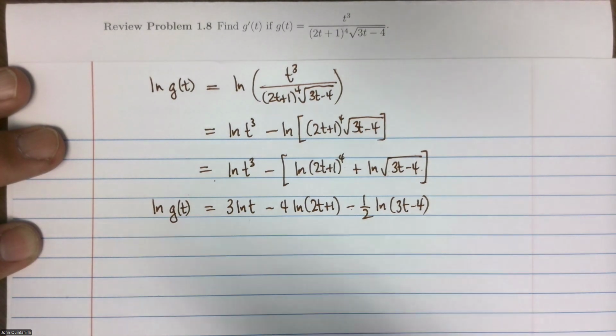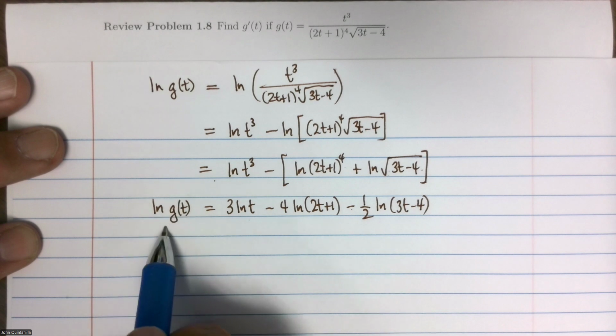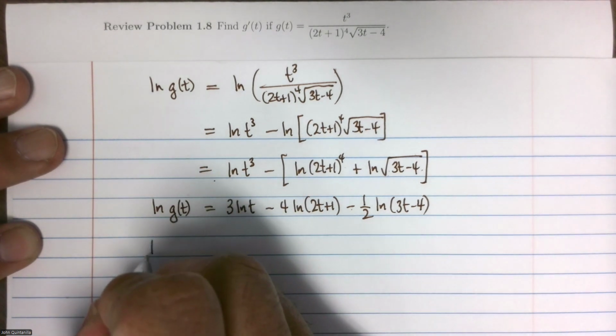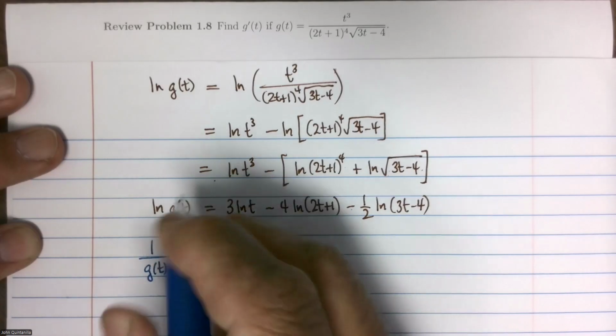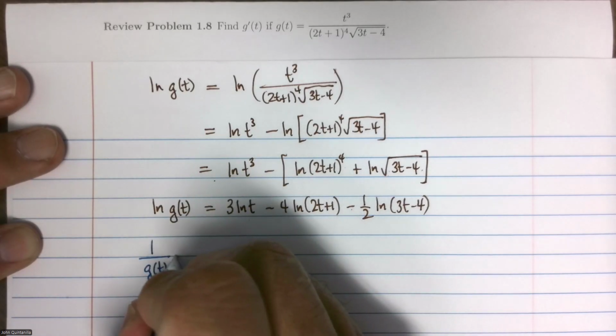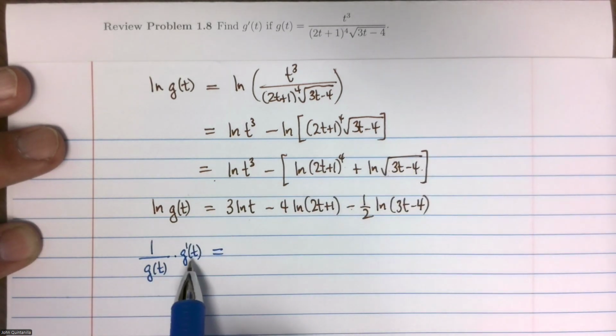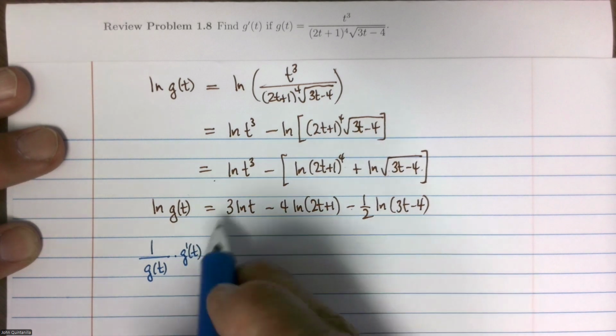Okay, now I apply the calculus. I take the derivative of both sides. On the left-hand side, the derivative of natural log is 1 over g of t times the derivative of the inside, which is g prime of t. And I remember that g prime of t is the thing that I'm trying to solve for in the first place.